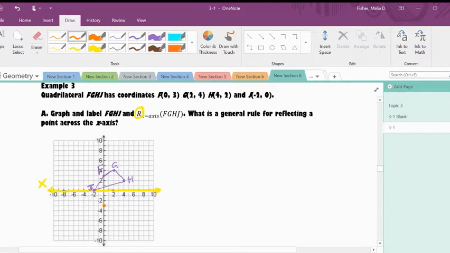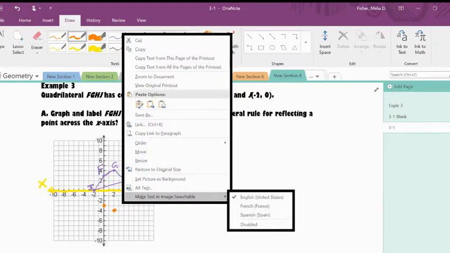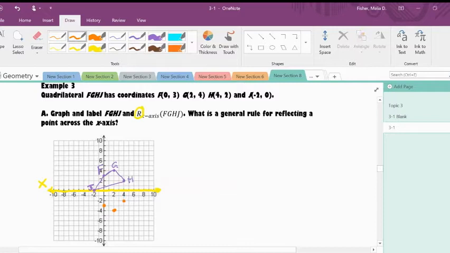We would still go over here, and instead of being up 4, we would be down 4 right here. And instead of being up 2, we would go down 2. And this one is on the line, so it actually would stay on the line. So that one doesn't move. And we can construct with our straight edge the point from one point to the other.